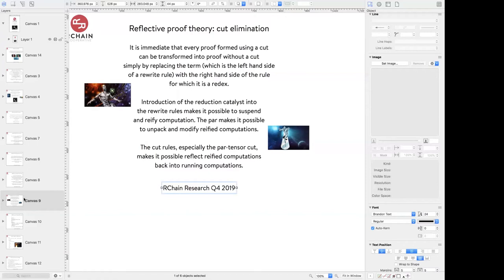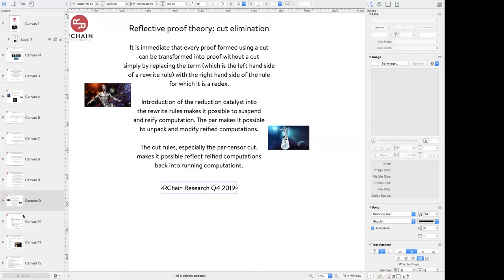So every proof theory formed in this way enjoys a cut elimination property, and the cut elimination property corresponds exactly and precisely to the rewrite rules by design, by construction. Effectively, we've now given a proof theory that enjoys the Curry-Howard property.